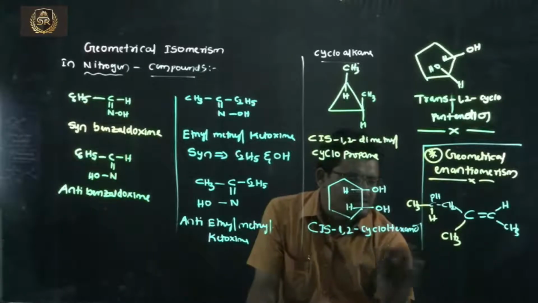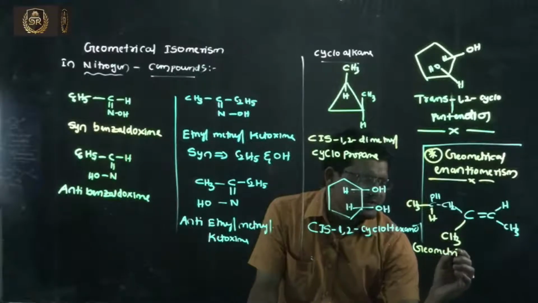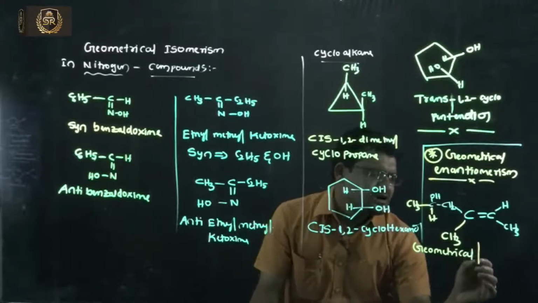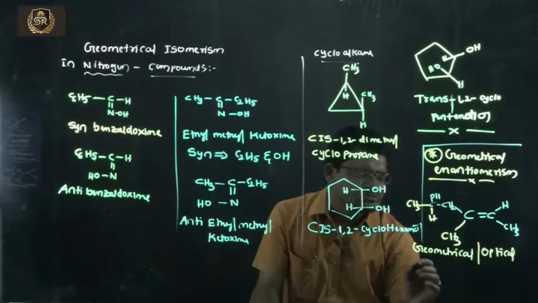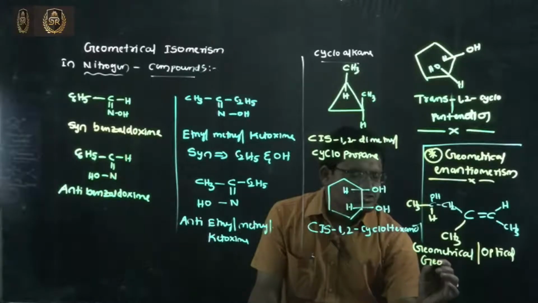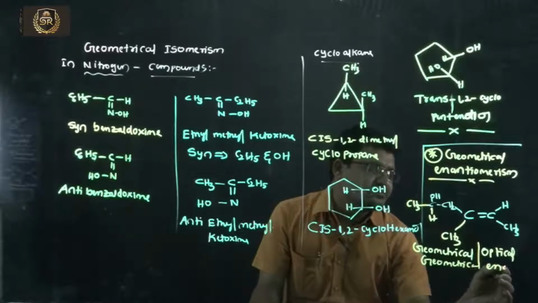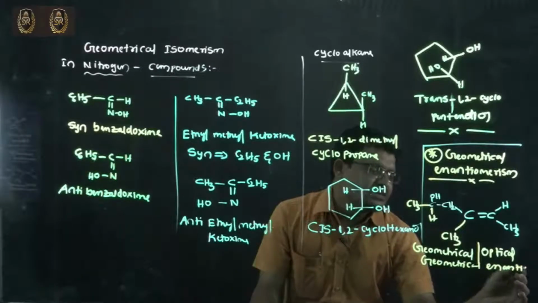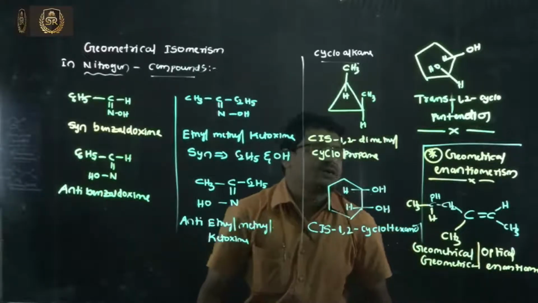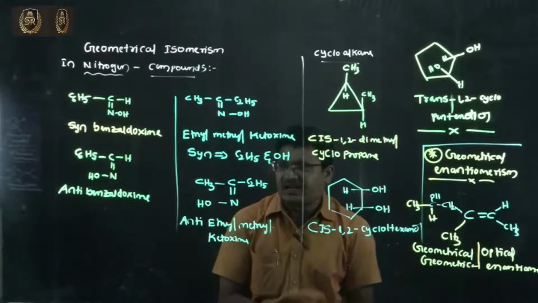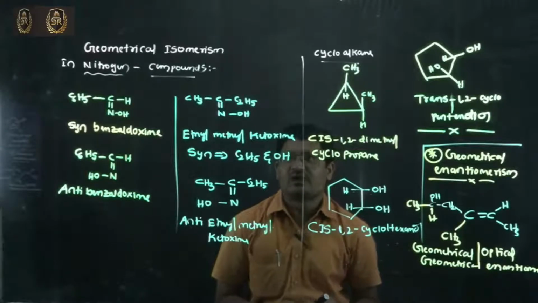The above example shows geometrical as well as optical isomerism. So that is called geometrical enantiomerism. We already discussed which one is the optical isomerism. That is called geometrical as well as enantiomer form.